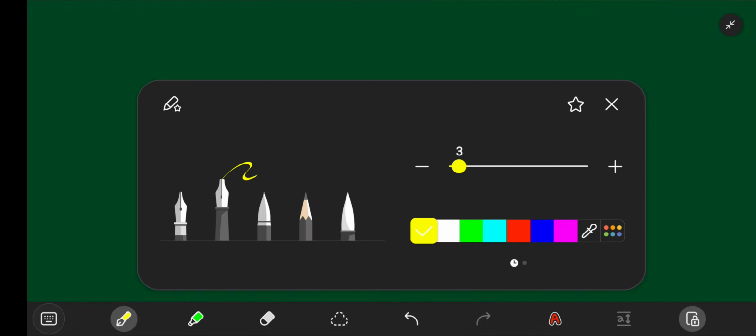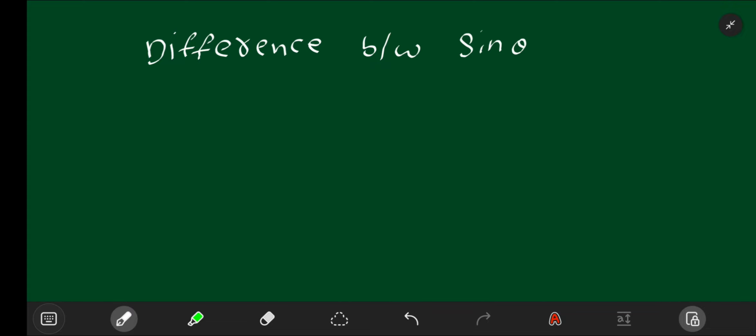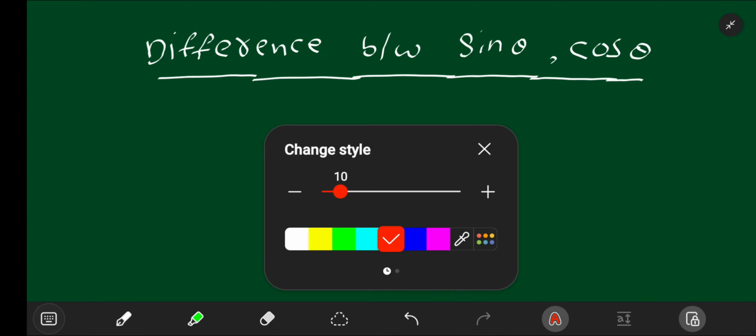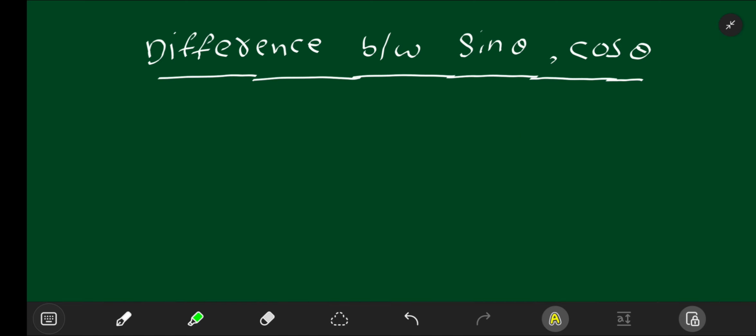Next concept is an important concept: the difference between sin theta and cos theta.